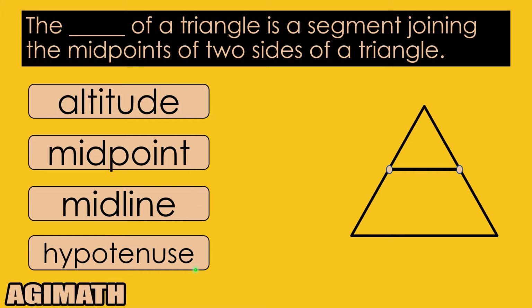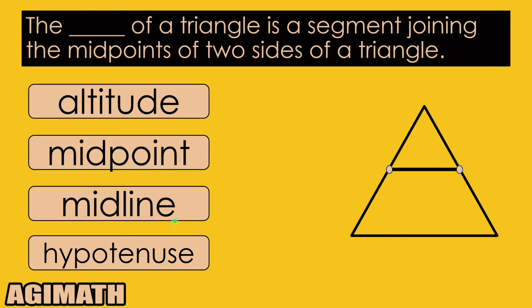Actually, the midpoint is the most far out choice, because in a triangle, we don't have a midpoint. We have a midpoint on a line or in a segment. Therefore, the answer is the midline.